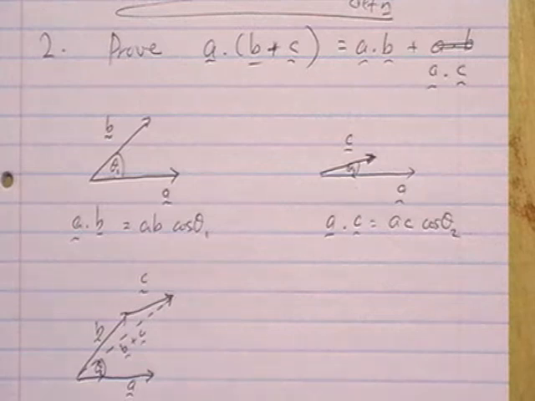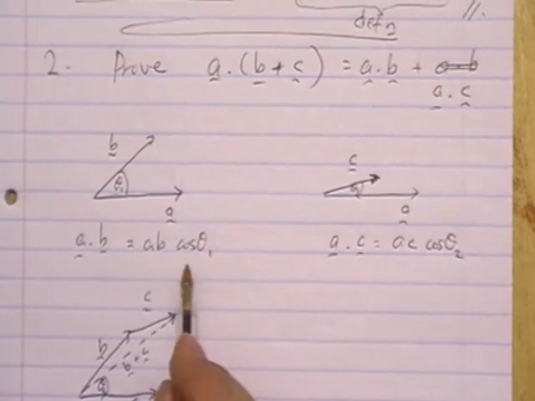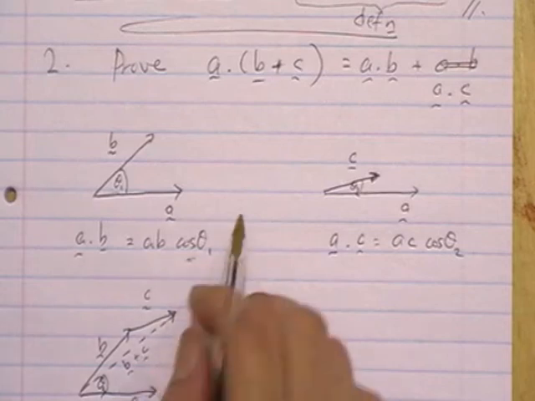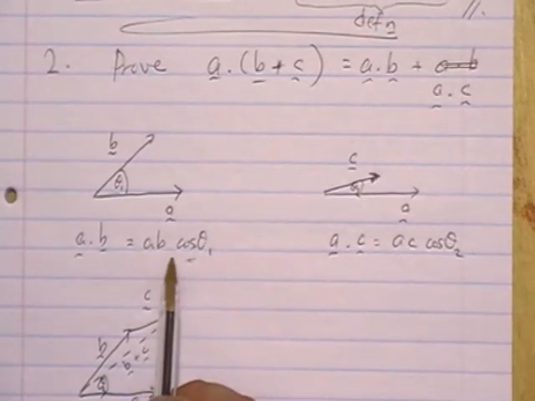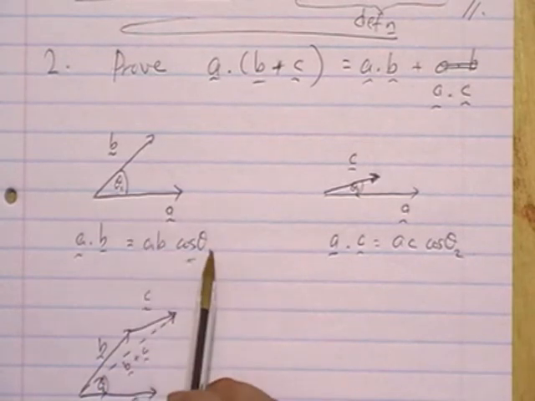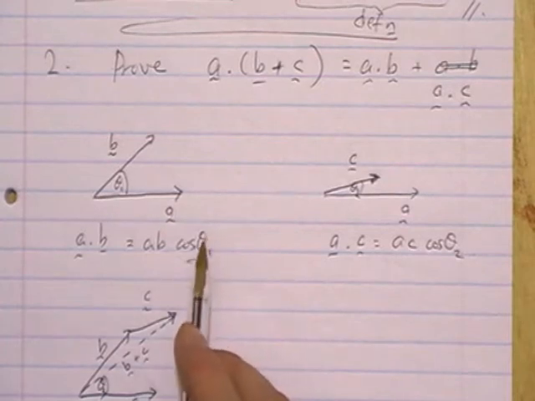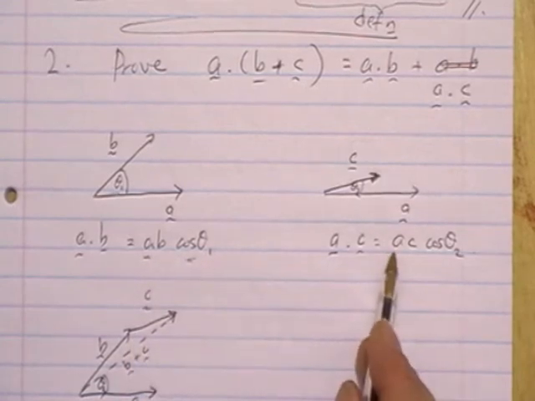At the moment, it's not very obvious how they can be connected together. But we can find a connection by thinking about the meaning of cosine. If I look at this cosine theta 1 there, I see between those three, A is the same.